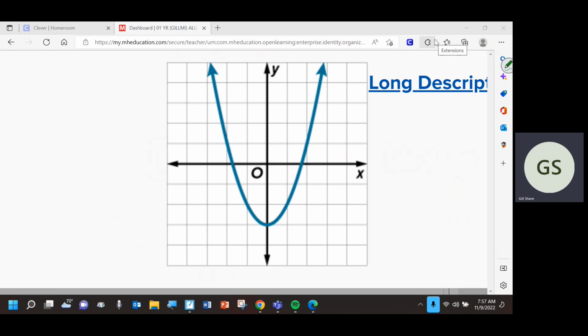Think about if you were putting yourself right here, would you be sliding down the line or climbing up the line? Sliding down, right? You would slide down that line and then you get down here and you just stop. You're not going to continue to slide up.